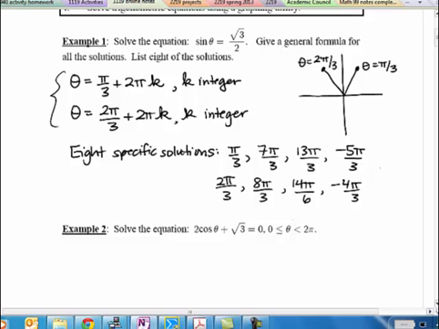So there are 8 specific solutions to that equation, but there are certainly infinitely many solutions overall. Right? So again, what I did was I drew my unit circle and I marked down all the angles where the sine theta would be square root of 3 over 2, at least once around the unit circle, and then I added multiples of 2 pi to those solutions.